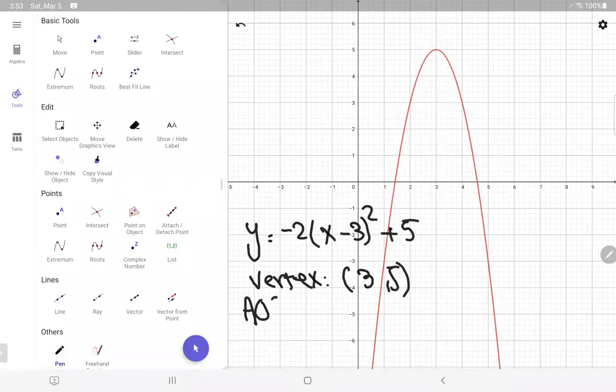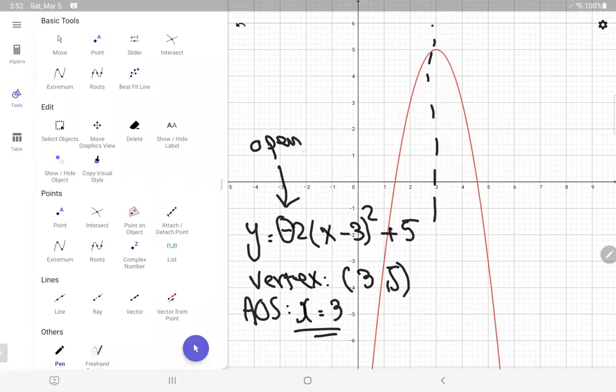The axis of symmetry is still X equals 3. And we need to know that this parabola opens down because of the negative.